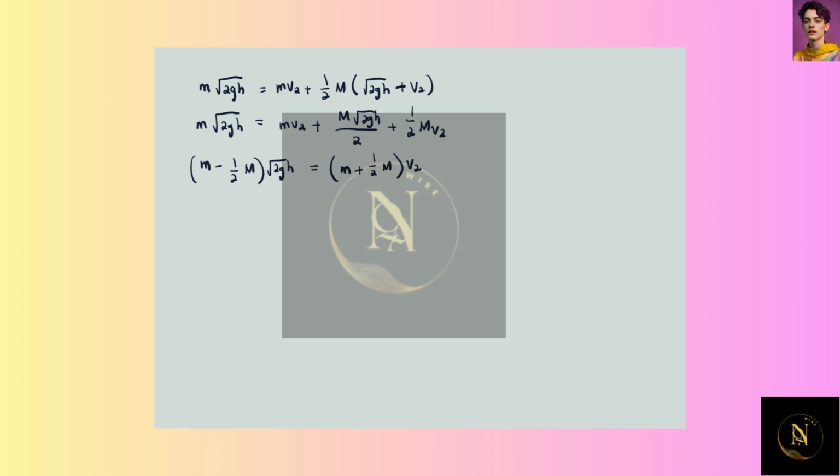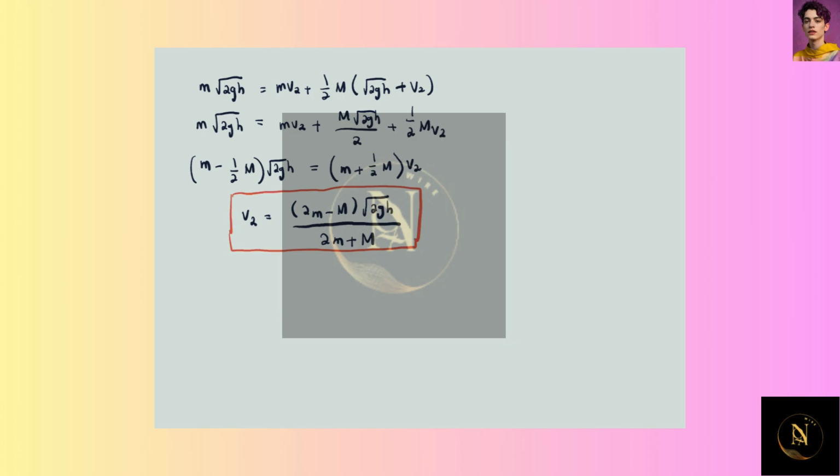So from here we can get the expression for v2. Simplifying the terms in the parentheses, v2 is equal to 2m minus M times square root of 2gh over 2m plus M. So this is now our expression for the velocity of the block if the impact is perfectly elastic.